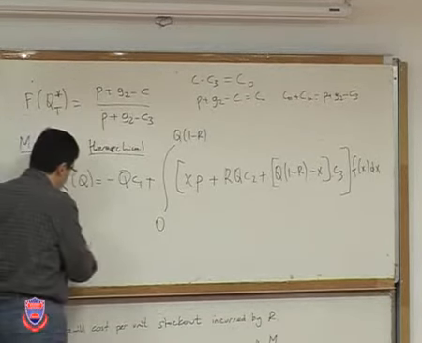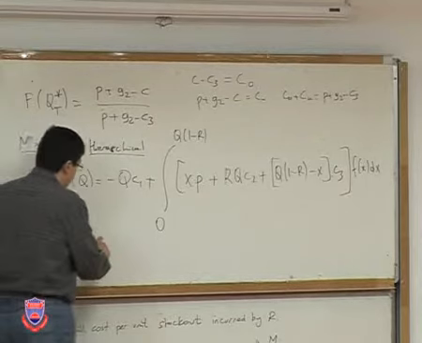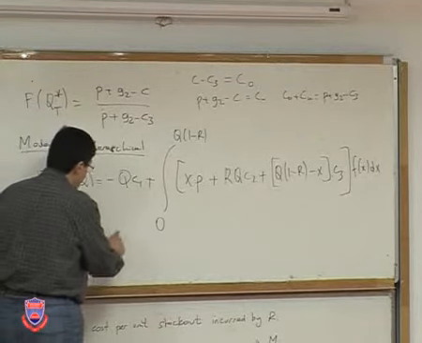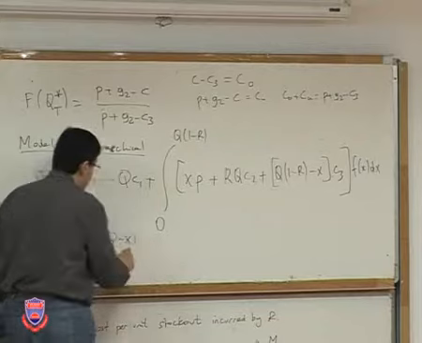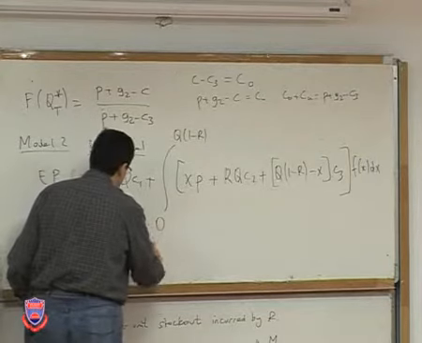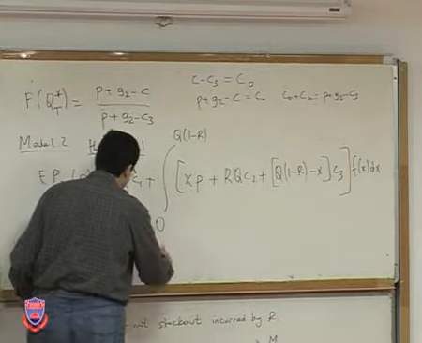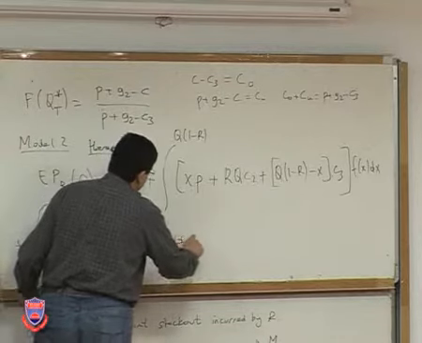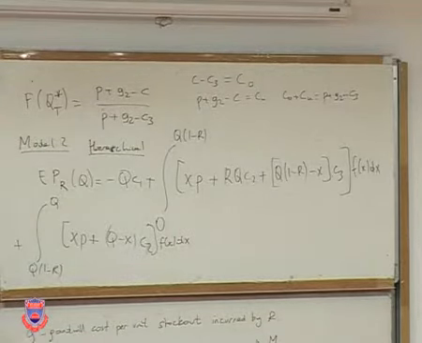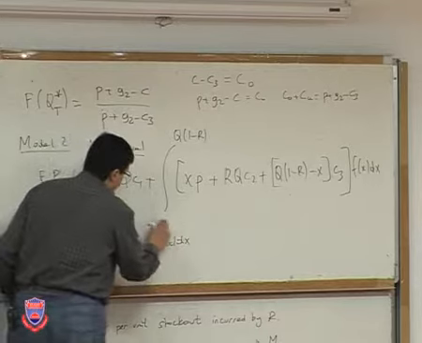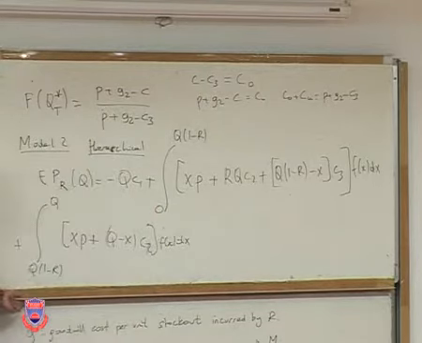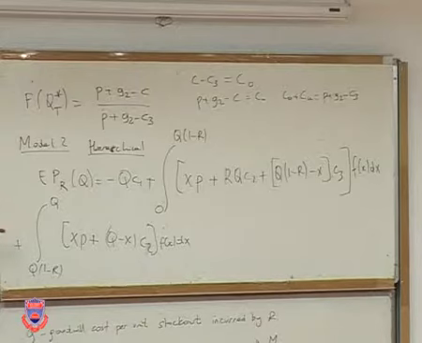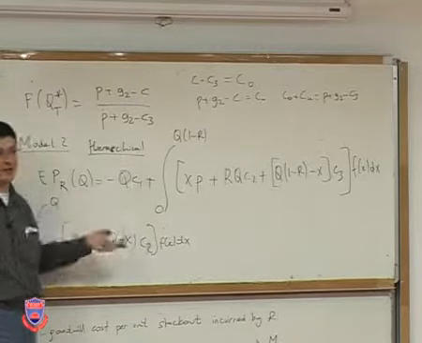So this is going to be simply XP plus Q minus X times C2 f of x dx. Okay, so this is basically the standard term that I have, as if I'm getting a salvage or something else.